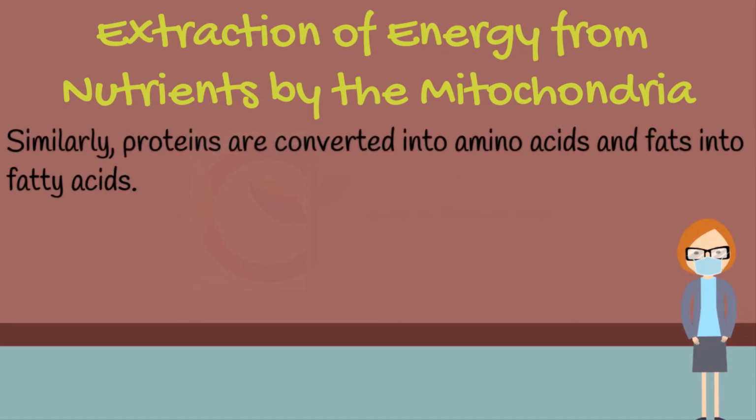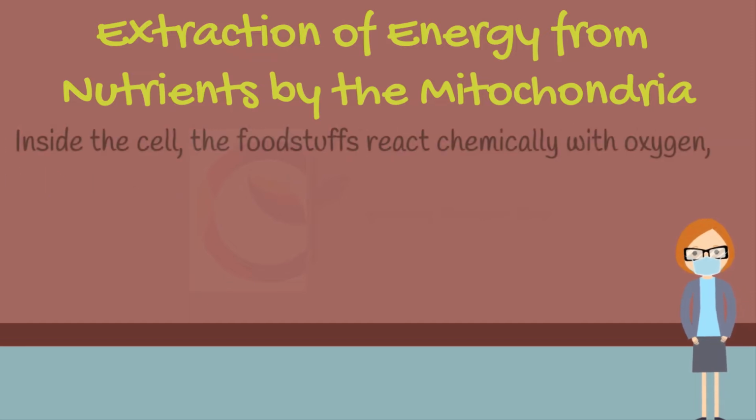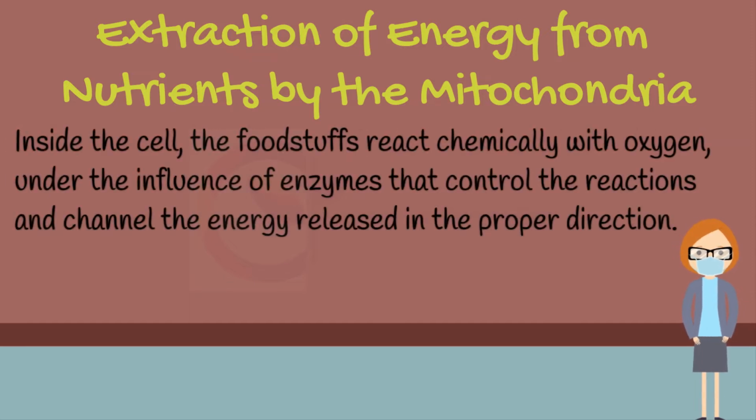Similarly, proteins are converted into amino acids, and fats into fatty acids. Inside the cell, the foodstuffs react chemically with oxygen, under the influence of enzymes that control the reactions and channel the energy released in the proper direction.